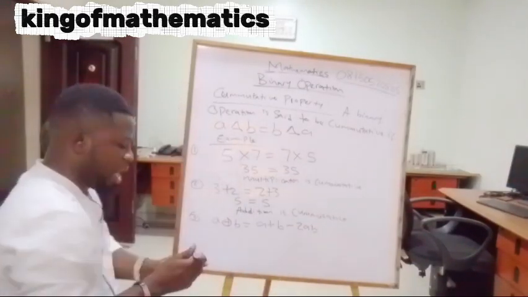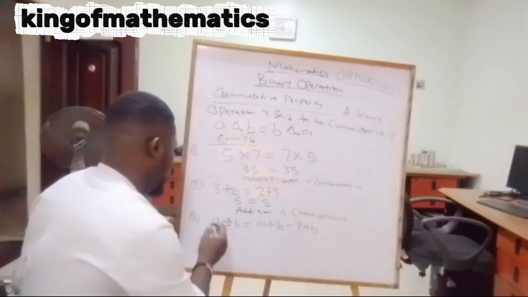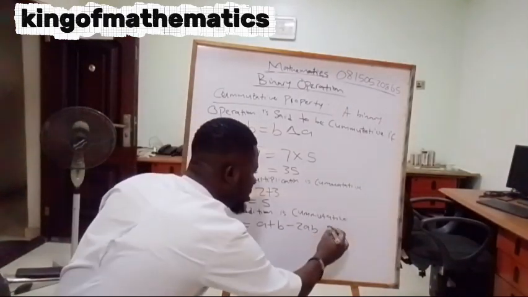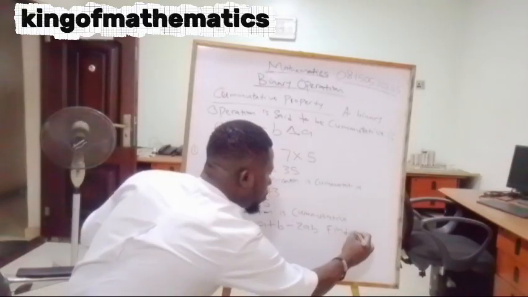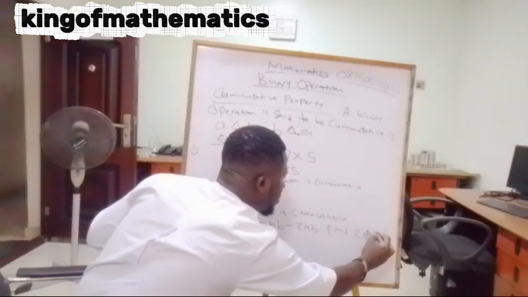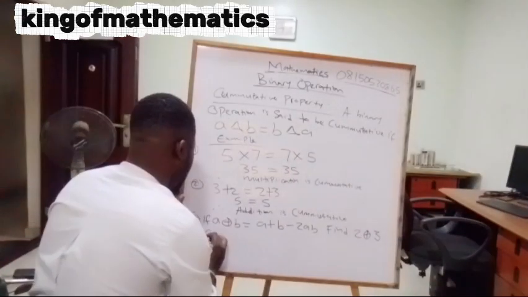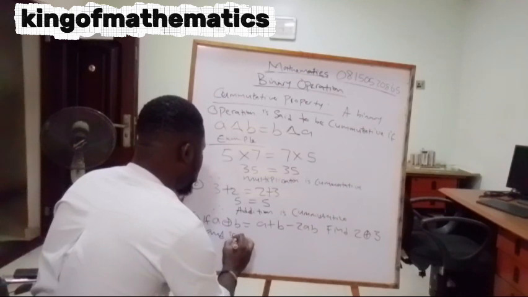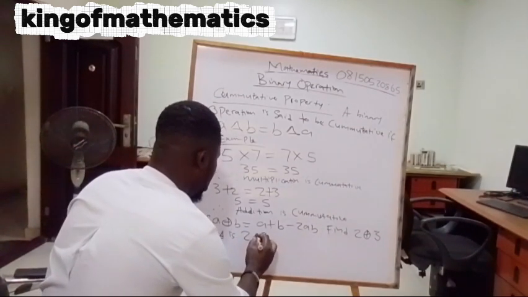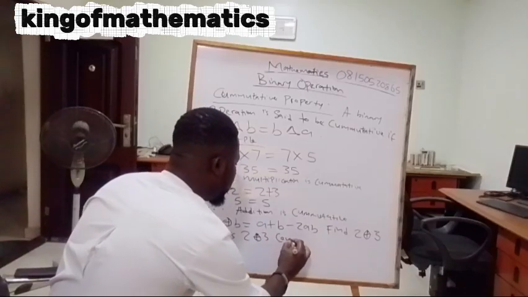It now asks you to find 2 operation 3, and is 2 operation 3 commutative?